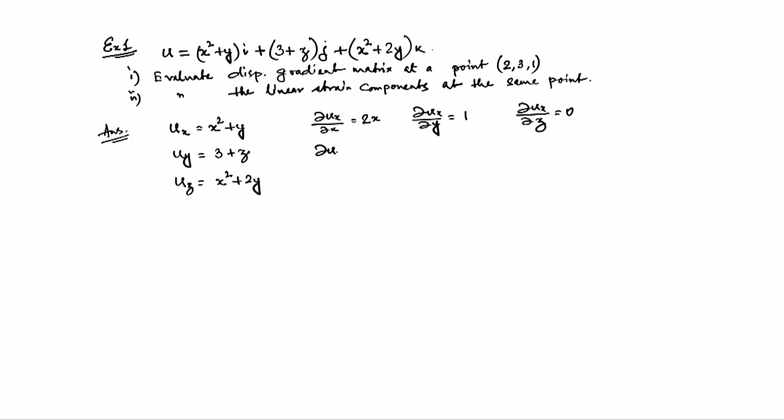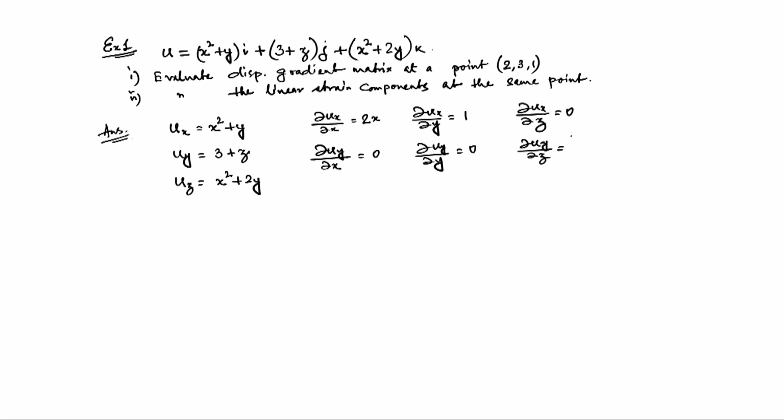Then u y differentiated with respect to x, which is 0, u y differentiated with respect to y, which is again 0, then u y differentiated with respect to z, and that is 1.